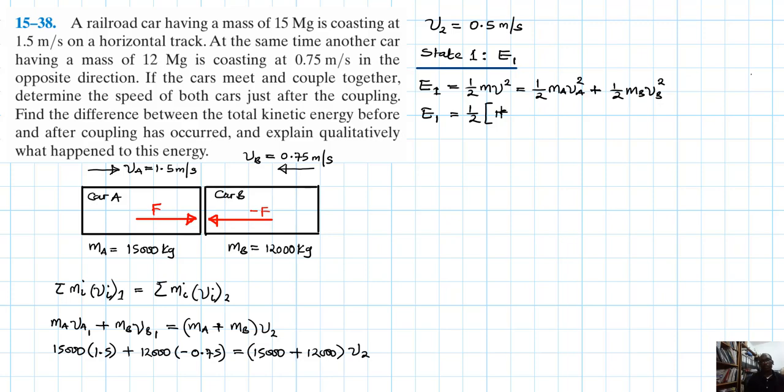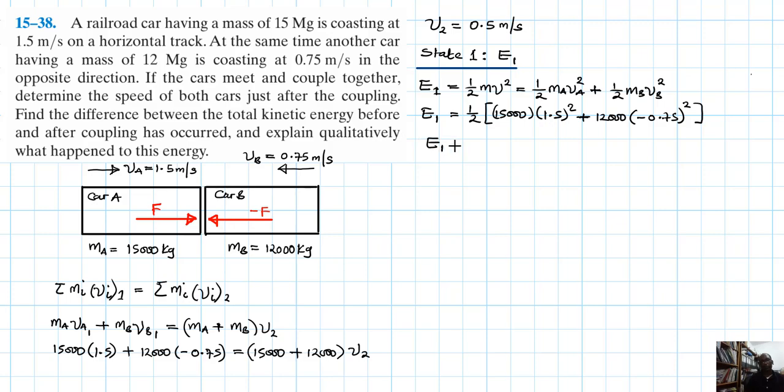MA is 15,000, VA is 1.5 squared, plus 12,000 by minus 0.75, which is positive because we are squaring.